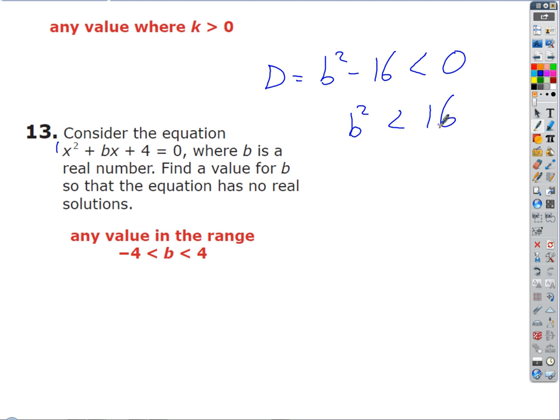Okay, this is the part that's a little bit tricky. If B squared is less than 16, what if I square root both sides to solve for B? The square root of B squared is what? No, it's actually the absolute value of B. Think why.